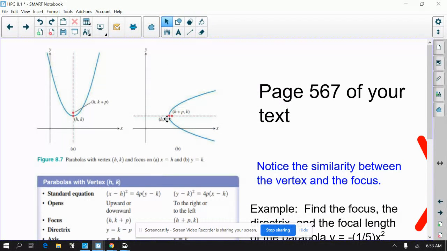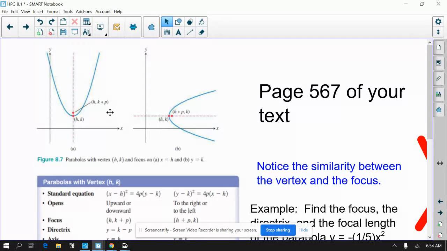First, these are the only 2 we'll study, the ones going up and down, and the ones going left and right. Notice they both have a vertex, which is (h, k). And the other point inside of it is called the focus. Notice if it's facing up or down, the focus has the same x value as the vertex. It's just p more up, so you would add p to the y value.